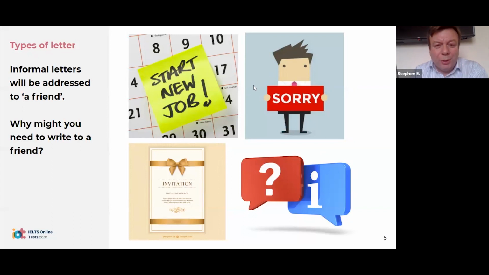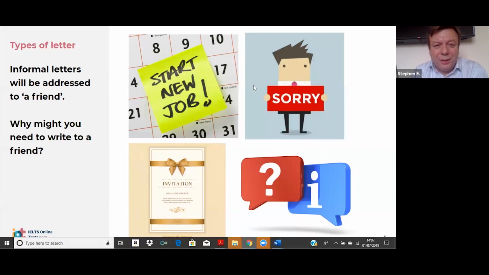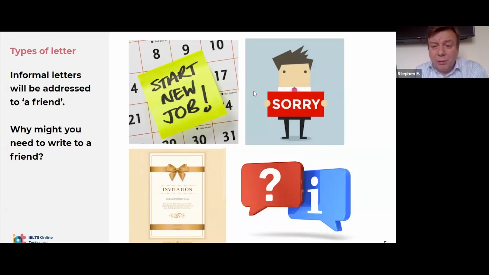Place you visited? Anything else? Have a look at the images. Yeah, maybe advice. Invitation. Apology, hopefully not, but yeah, it is a type in task 1. Wedding. Okay, very good.